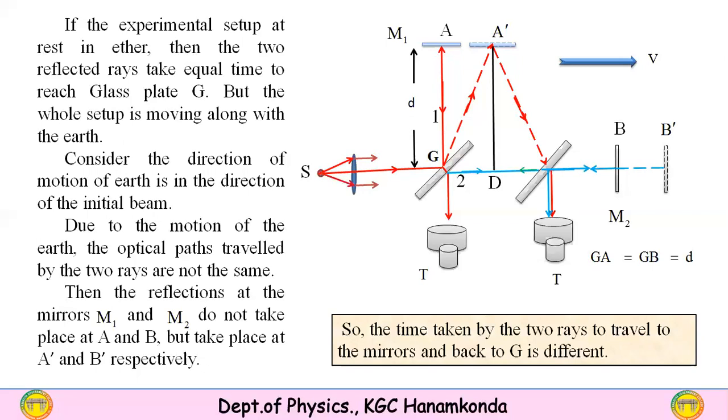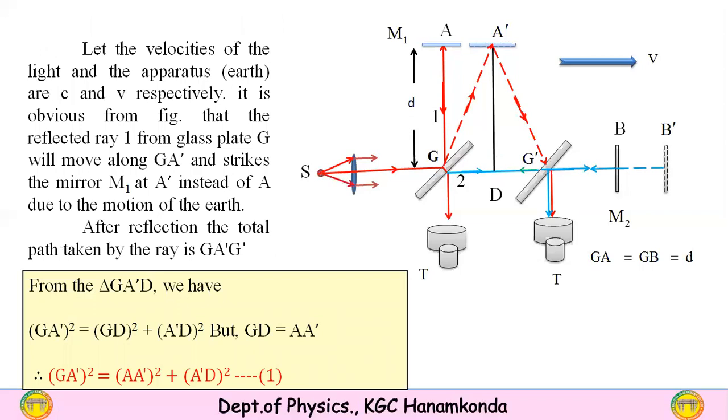Let us see what happened to the transmitted ray. Let the velocities of light and the apparatus be c and v respectively. The velocity of the apparatus, that is the earth velocity, is v, and the velocity of light is c. It is obvious from the figure that the reflected ray 1 from glass plate G will move along GA dash, strike mirror M1 at A dash, and be reflected back to G dash, where the semi-silvered glass plate is now located due to motion.